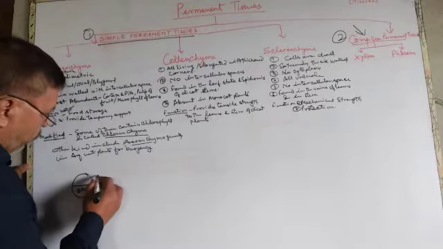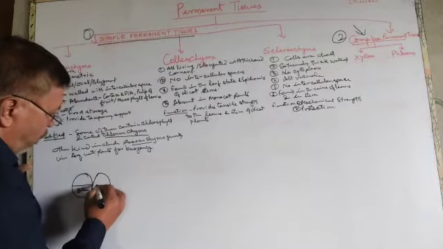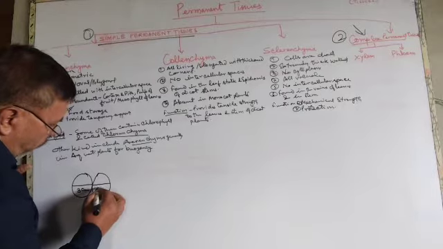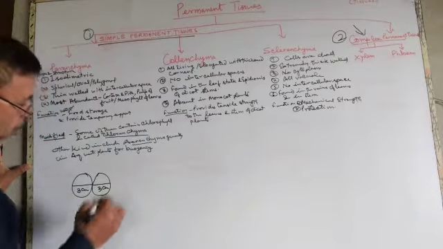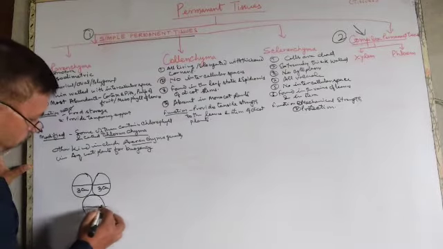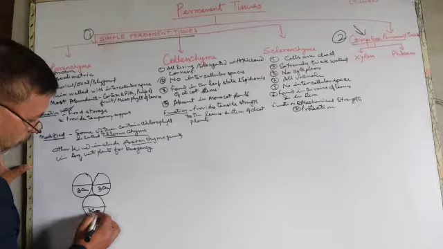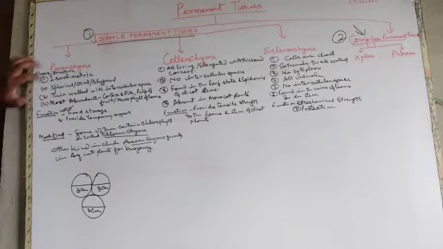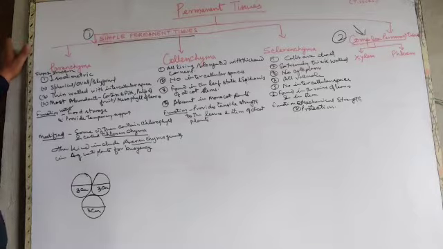The other cell that makes this tissue, its diameter also will be 3 centimeters, and another cell's diameter will also be 3 centimeters. Iso means same diameter. So in parenchyma, the cells that make this tissue are isodiametric, meaning they are nearly of the same size.